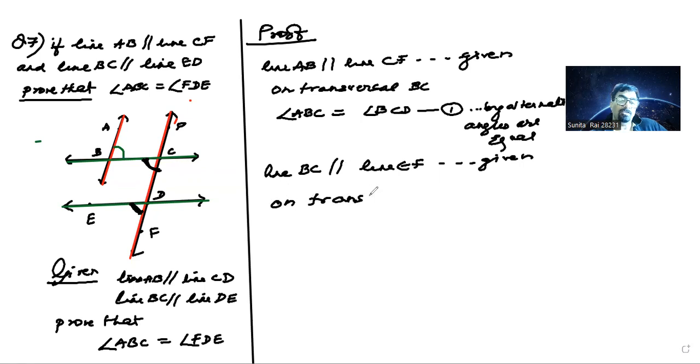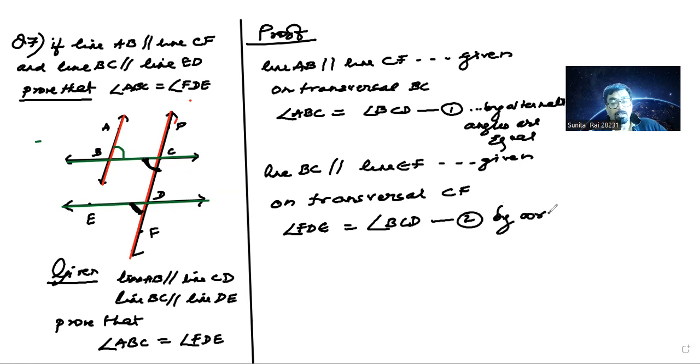Can you see this transversal CF, children? C is here, F is here. So this is a transversal CF. Your transversal CF means you want your angle FDE. What is this angle FDE equal to? When you look at it carefully, your angle FDE is equal to angle BCD. I can say, children, statement number 2, by corresponding angle theorem.